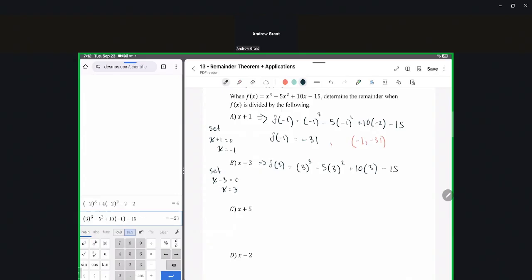I can swap all of the -1s for 3. And I can see that if I take 3 to the power of 3 minus 5 times 3 to the power of 2 plus 10 times 3 minus 15, I get as a solution that f of 3 is equal to -3. Okay, so far so good.